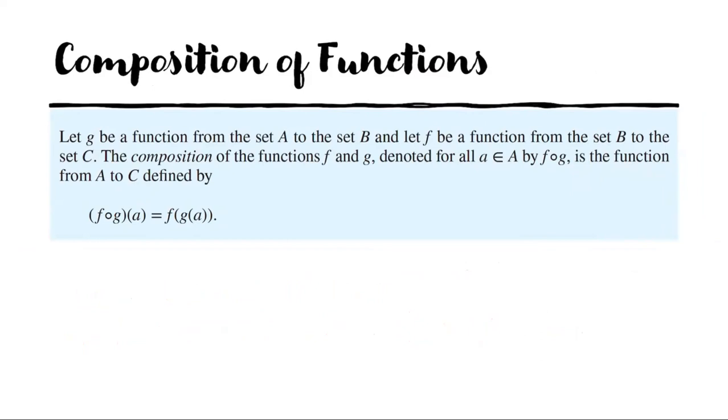Now, if g is a function from set A to set B, and f is a function from set B to set C, then we can compose the functions f and g. For all a in set A, we compose g into f, so we have f composed with g.